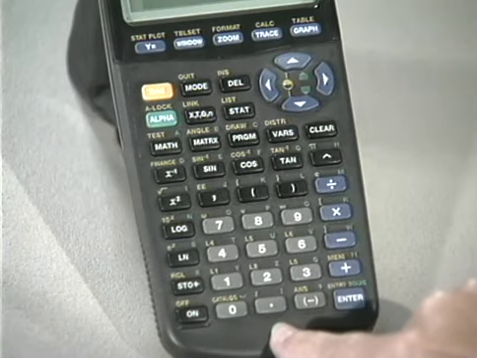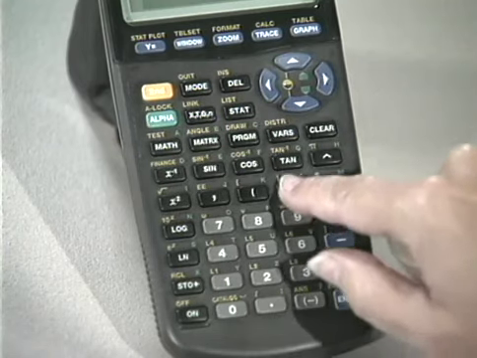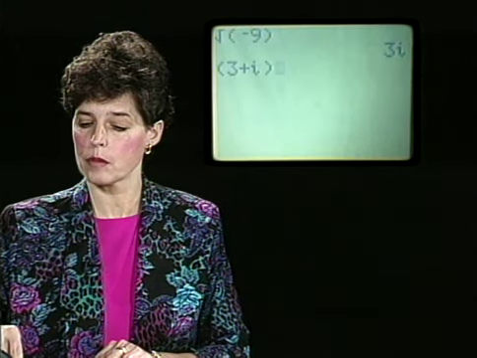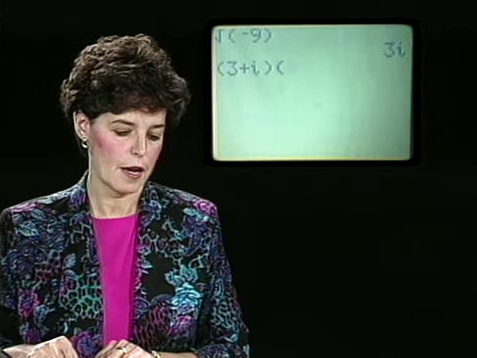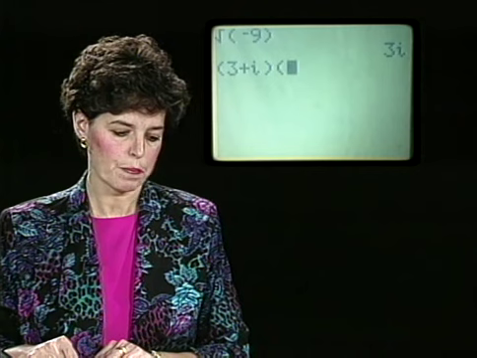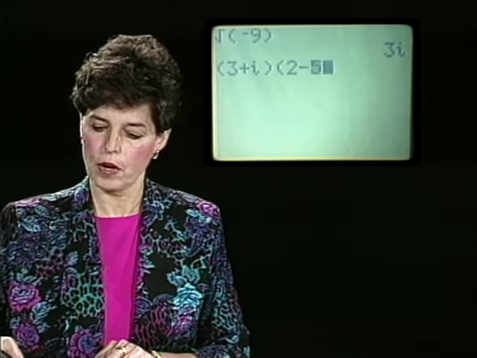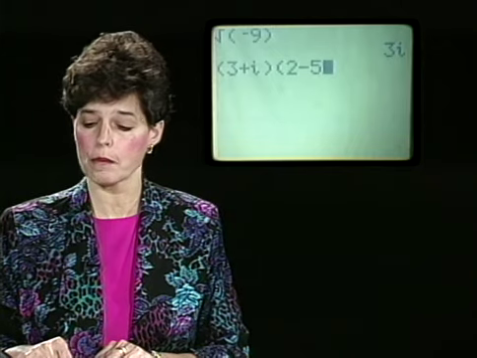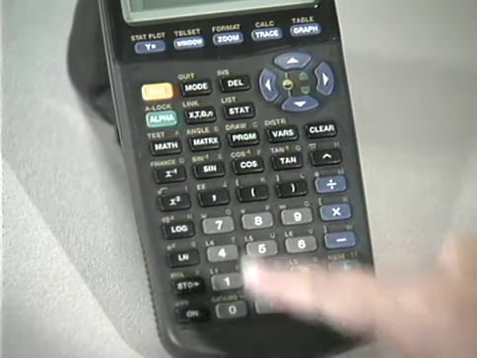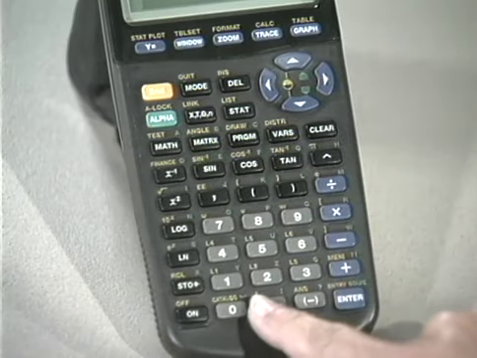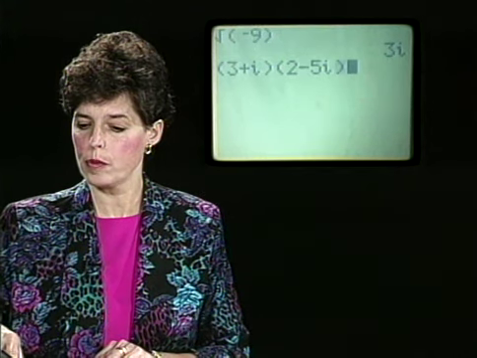Then I press that decimal point key to get the i, close my parentheses, and I'm going to then multiply this by another complex number, which is going to be 2 minus 5i. And again, in order to get my i, I'm going to go second, and then that decimal key, which has the i above it, close parentheses.